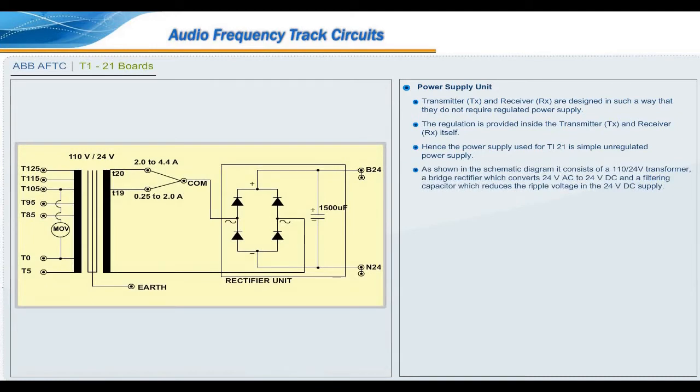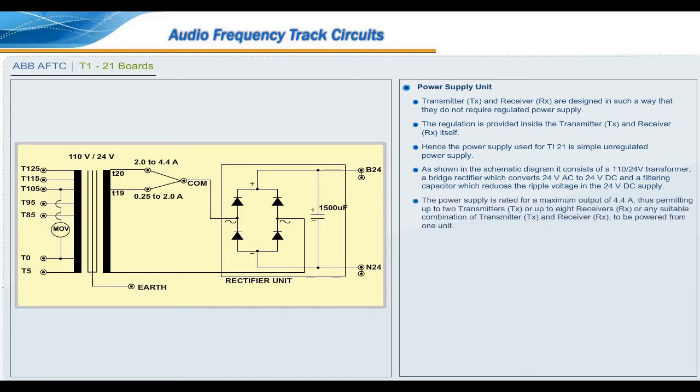As shown in the schematic diagram, it consists of a 110 or 24-volt transformer, a bridge rectifier which converts 24-volt AC to 24-volt DC, and a filtering capacitor which reduces the ripple voltage in the 24-volt DC supply.